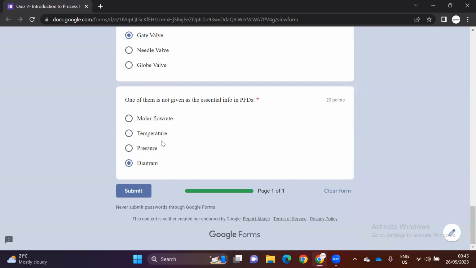Additionally, mass flow rates, like with compositions or total mass flow rate. However, molar flow rate and remaining properties will be covered in the optional information, but it is asked to find the essential information. Therefore, molar flow rate will not be provided as essential, but mass flow rate is essential.